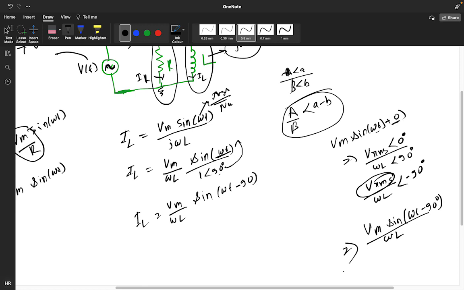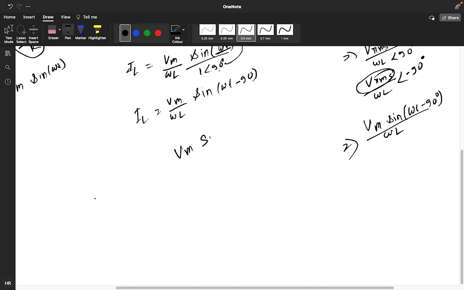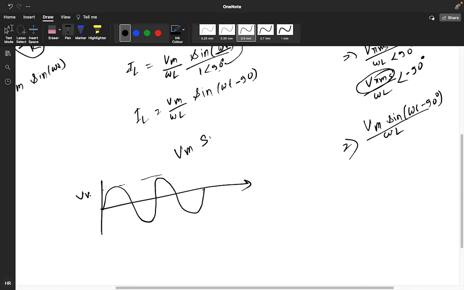Is this clear? This Vrms means, yes sir. See, if you have a Vm sine, let me tell you, this is your sinusoidal curve. Okay, this is your Vm, this is your minus Vm, from peak to peak it's representing Vm. So this curve is Vm sine omega t.